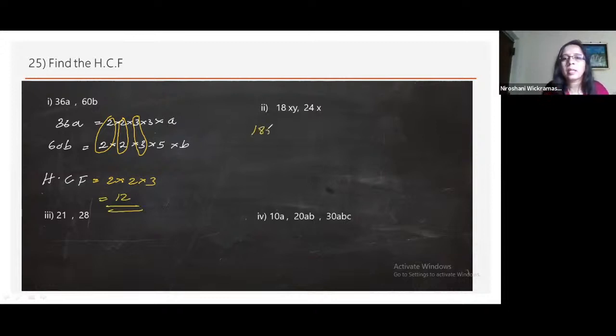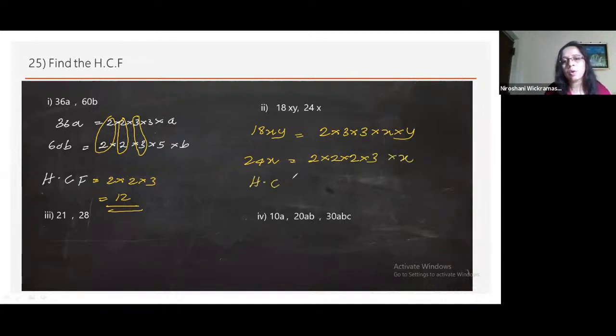So 18xy and 24x. 18 we can write as 2 into 3 into 3 into x into y, 2 times 3, 6, times 3, 18. 24 you can write as 2 times 2, 4, into 2, 8, into 3 into x.